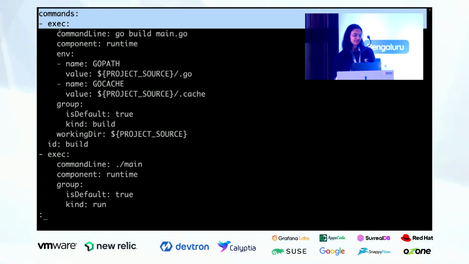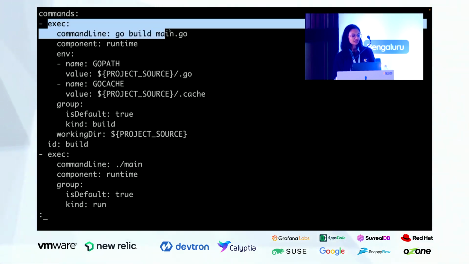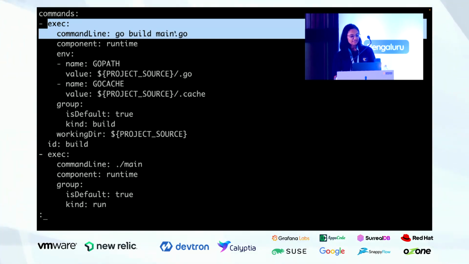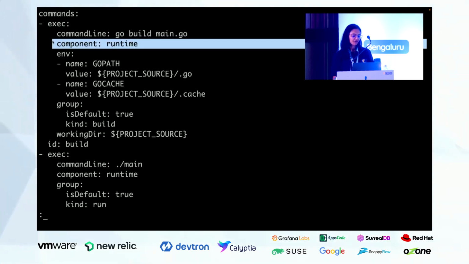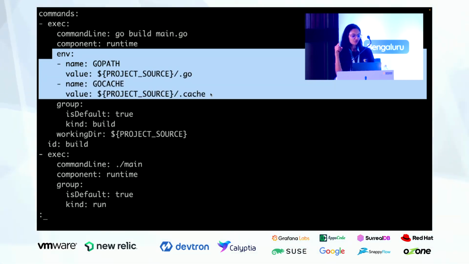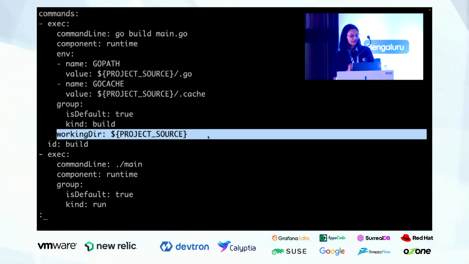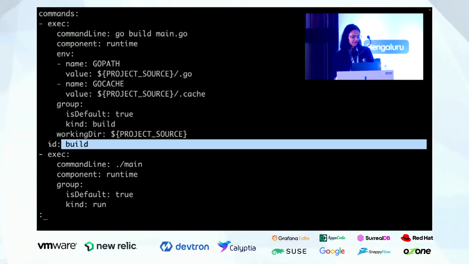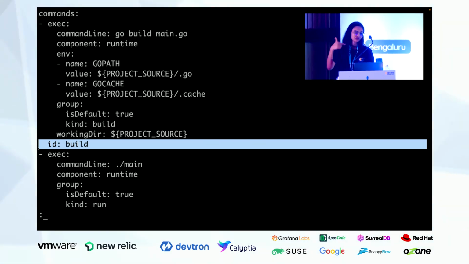Here we have an exec command which will run the command line commands inside the container component runtime. You can also pass environment variables that you want to use while you're running the command. Then you can mention the working directory, the directory from which the command should be run. This is the ID of the command, so this has to be unique throughout all the commands.